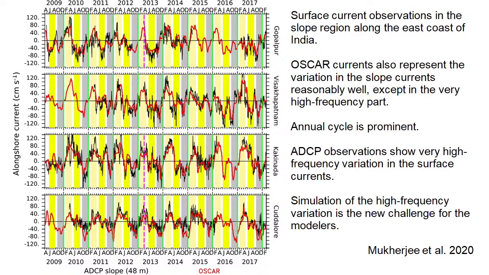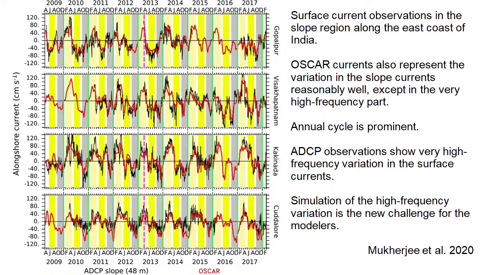of course, is the seasonal cycle, the annual cycle, where we have poleward flow and equatorward flow, and all these are from the east coast. So this is very prominent, but you can also see that there is a lot of variability on shorter time scales, shorter than the intra-annual time scale. You have intra-seasonal time scale variability and even higher frequency. But if you look at the Oscar currents, you don't find that kind of variability.